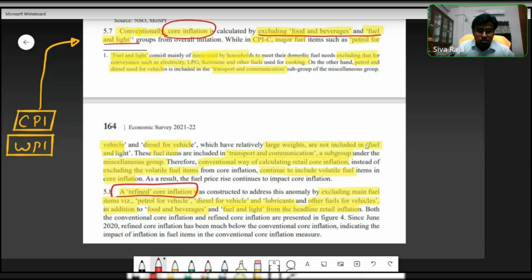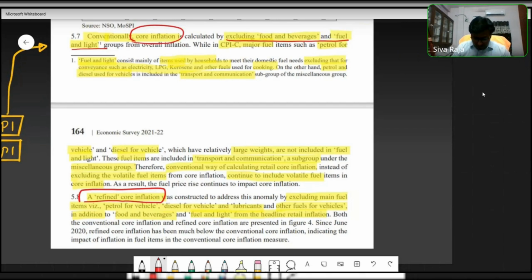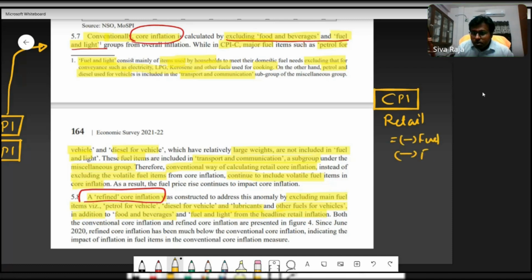Consumer price index is called retail inflation, correct? From this retail inflation, you subtract fuel and food. That will give you core inflation.